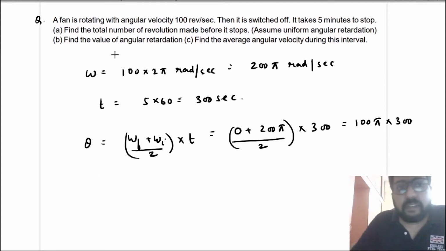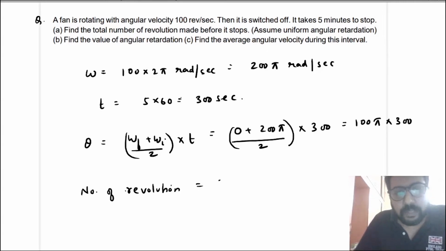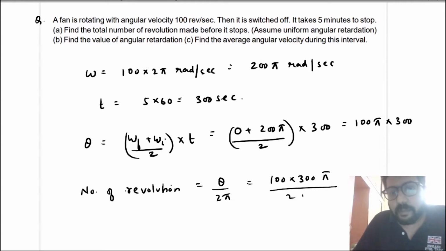We are asked to find the number of revolutions. So number of revolutions will be theta upon 2 pi, that will be equal to 100 into 300 pi divided by 2 pi, that is equal to 15,000 revolutions.